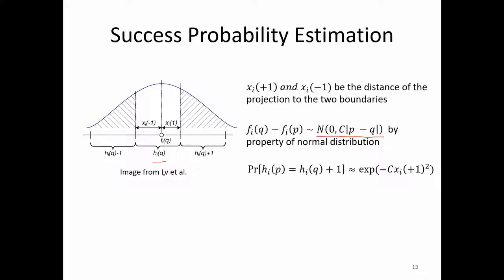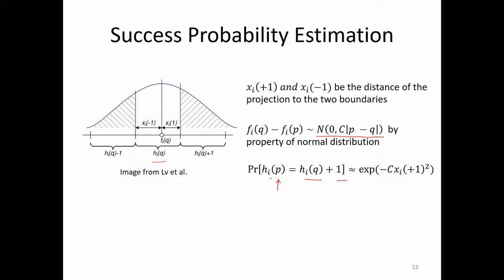Now, what is the chance that a point P, which is within the distance r, falls into bucket q plus 1?